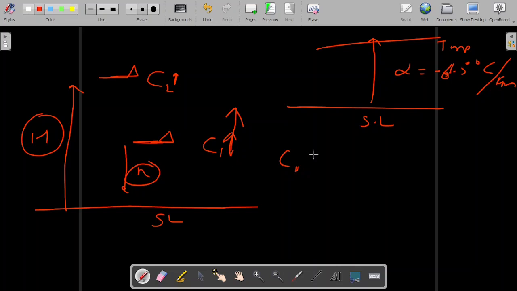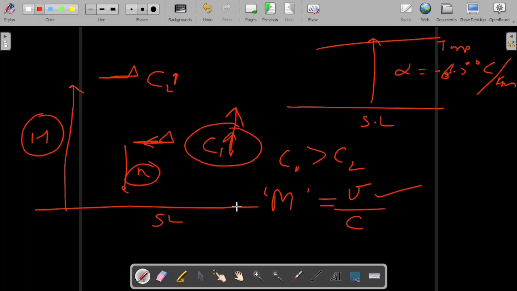So C1 speed of sound is greater than C2. That means if we calculate the Mach, which is the velocity of the aircraft over the speed of sound C, if it is flying near the sea level, or not flying at a very high height, then it has to go to a higher velocity to reach Mach 1, because C is more. You can write it down, work it out.